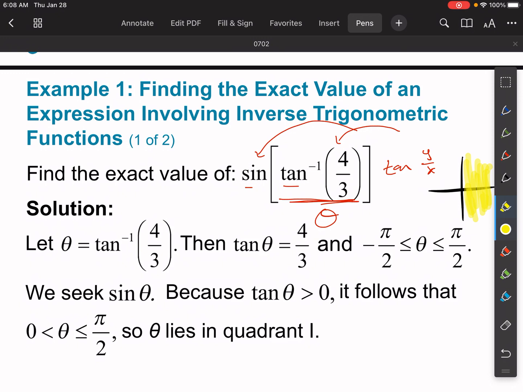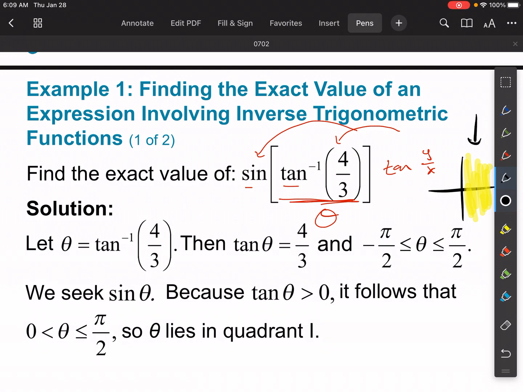So we're going to use this idea to figure out what quadrant we're in. If we have 4/3 for our tangent, we know that the y value is positive and the x value is positive, or they're both negative. But because of how we define tangent and where its domain is, we know that it has to be in quadrant 1.